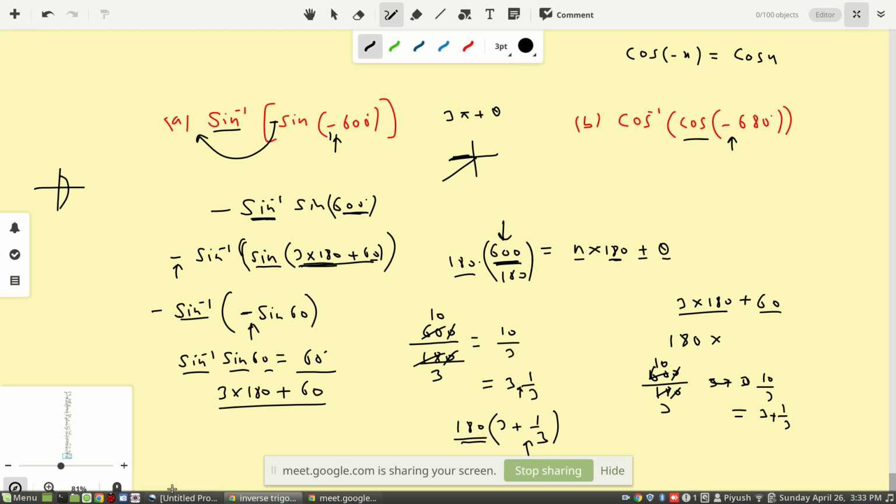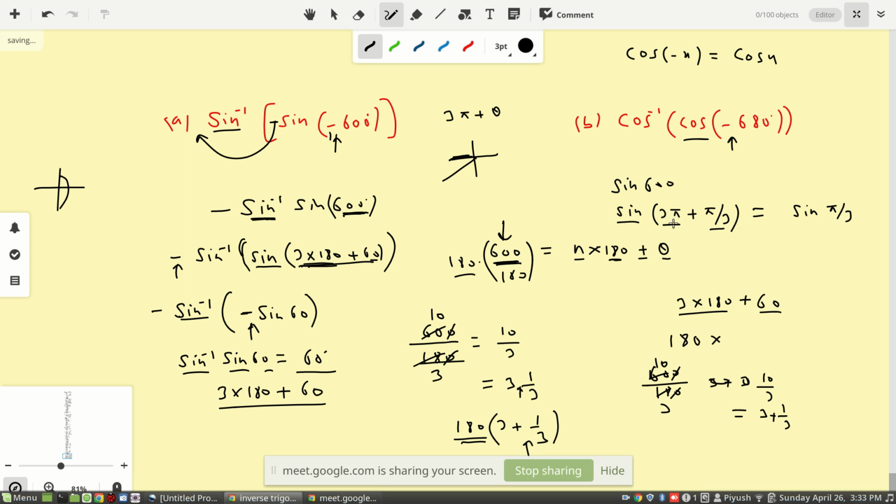So I hope you are not confused by this extra negative coming while solving the 600. So you know how to solve this. Sine of 600 became sine of 3 pi plus pi by 3. 60 means pi by 3. N pi plus theta means trig will not change, so sine of this angle is sine theta, so sine of pi by 3.